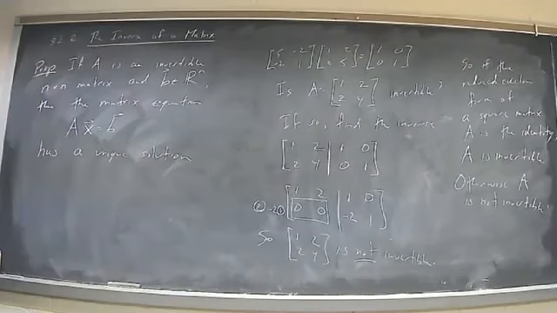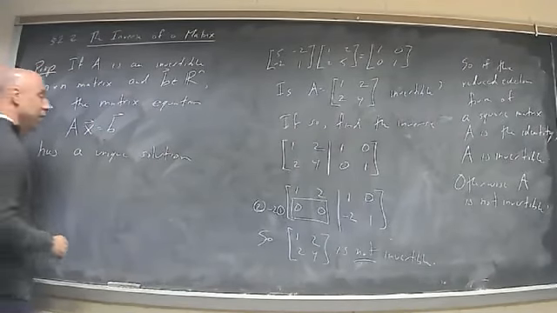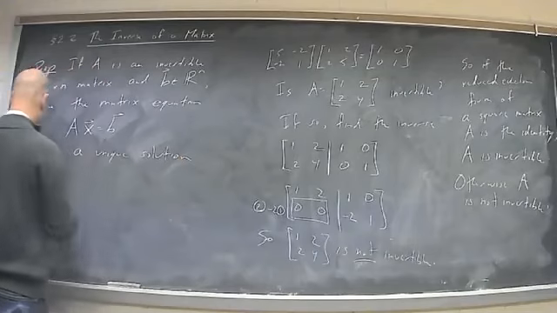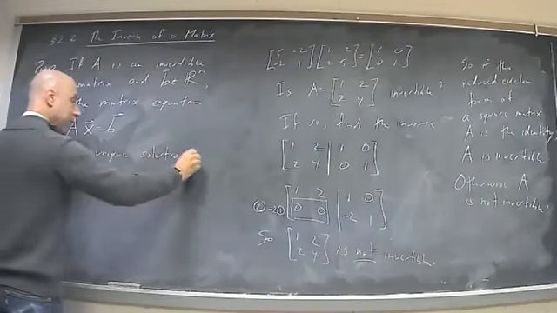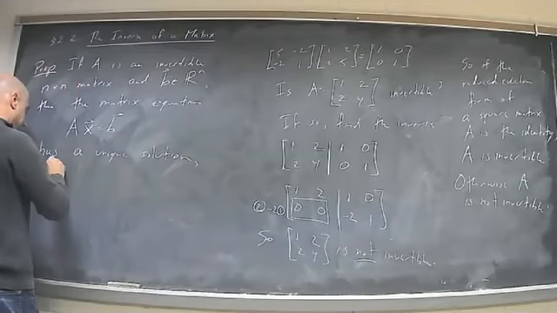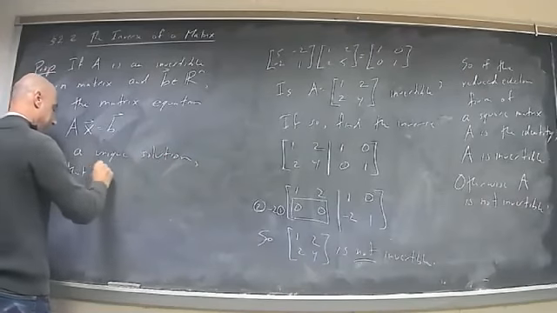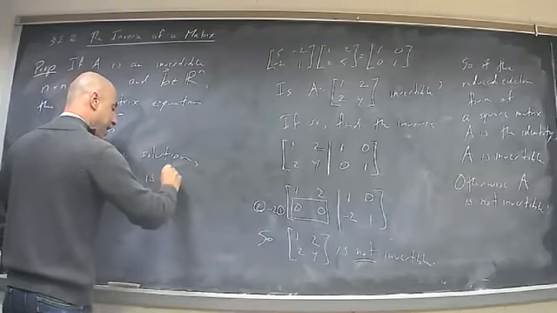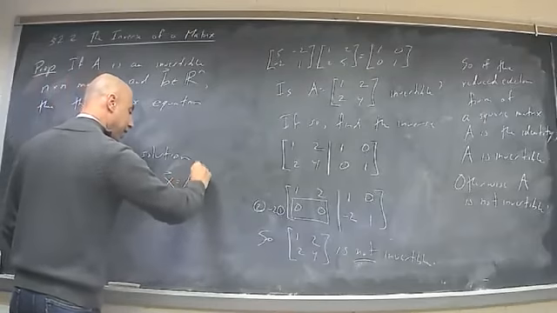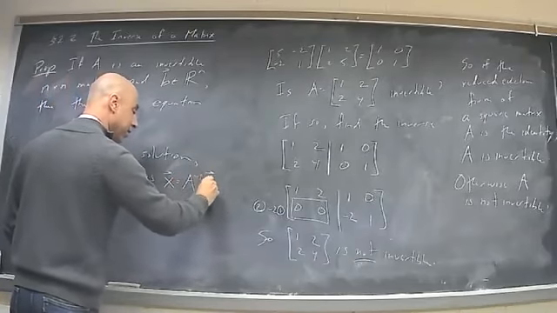There exists one, and there's a unique solution. And that solution is x equals A inverse times b.